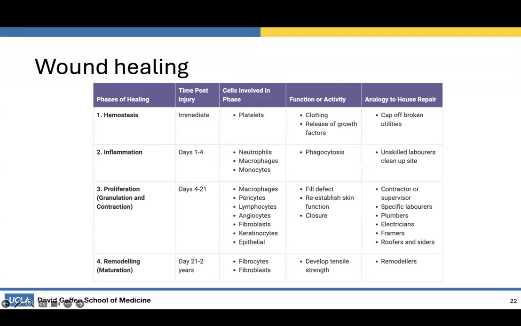Think of these as the specific contractors or supervisors of the different utilities that are coming to handle their specific task. And lastly, remodeling happens after about 3 weeks and can last up to 2 years. And these use fibrocytes and fibroblasts, which help develop tensile strength, and they build the scar tissue that's there. And this is where the remodelers would come in and just make sure things are set and things are done to the needs of the person who owns the home.